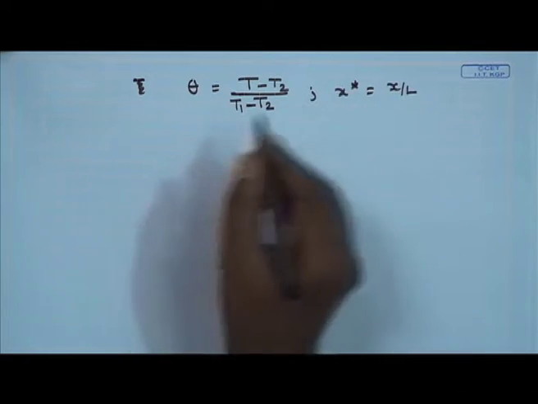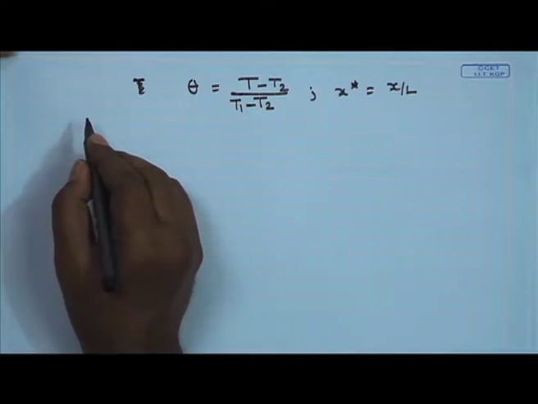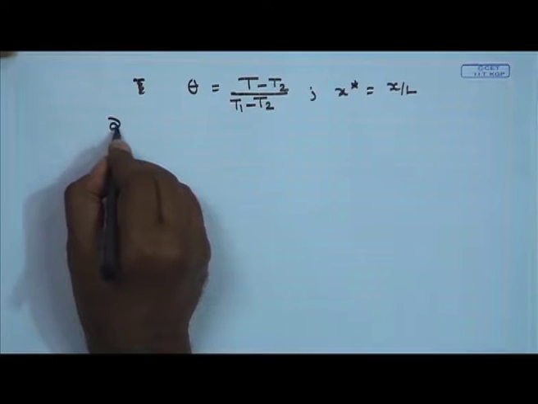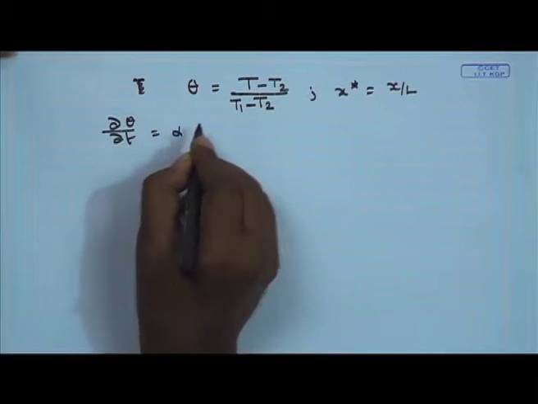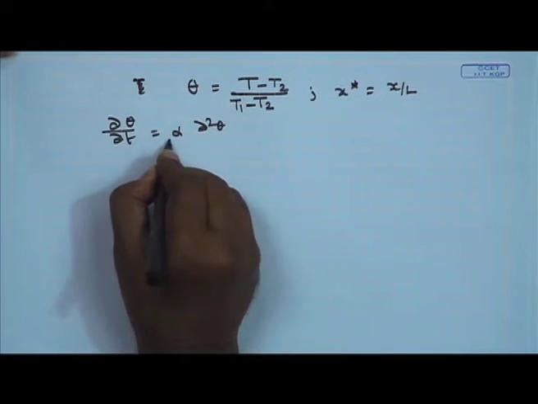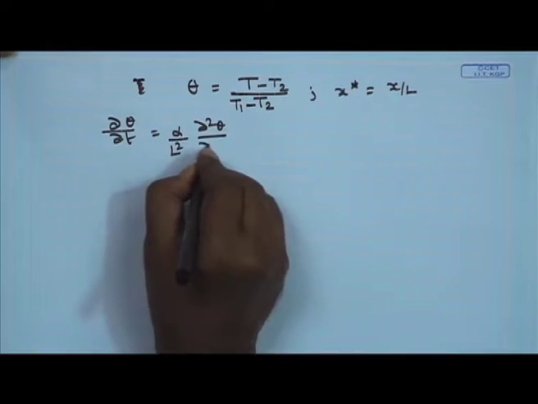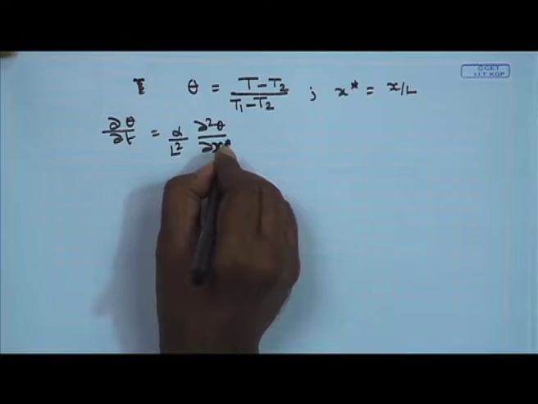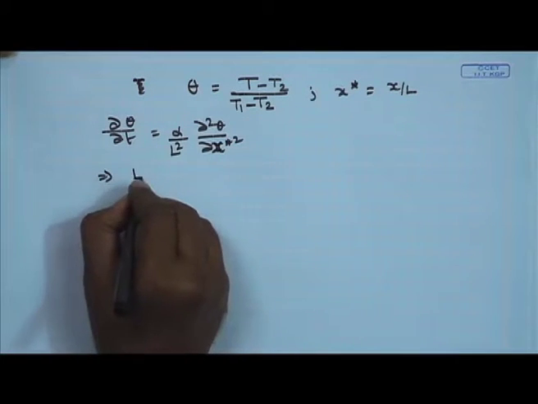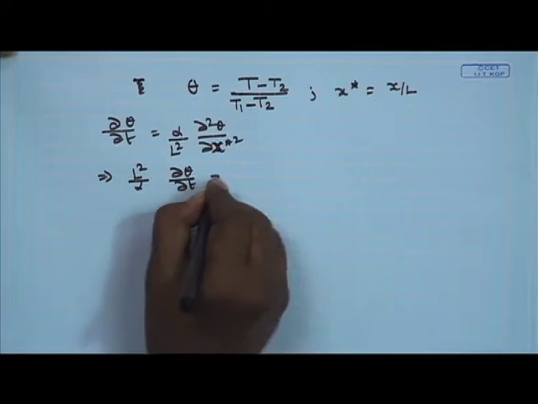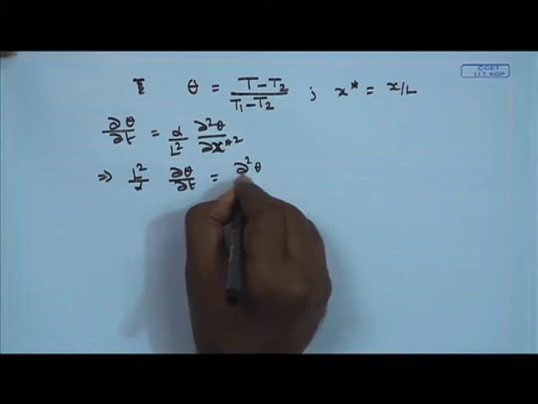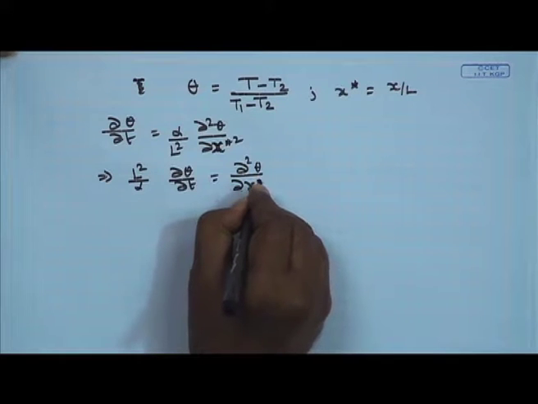Okay. So now let us make the system: del theta del t is equal to alpha del square theta by L square del x star square. So this becomes L square by alpha del theta del t is equal to del square theta del x star square.